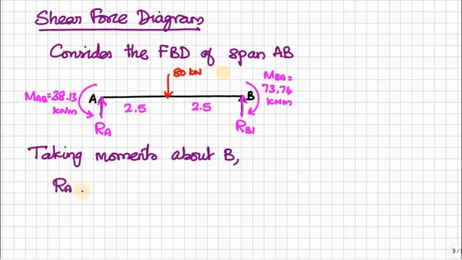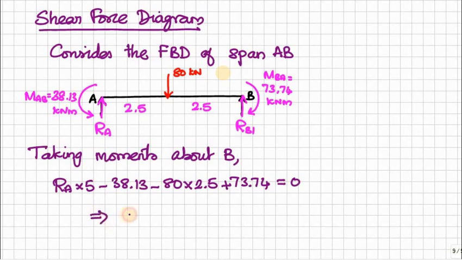So RA into 5, which is positive, minus 38.13, which is negative, minus 80 into 2.5, which is negative, and again we have positive 73.74 at support B, which is equal to 0. Therefore we get RA is equal to 32.88 kilonewton.